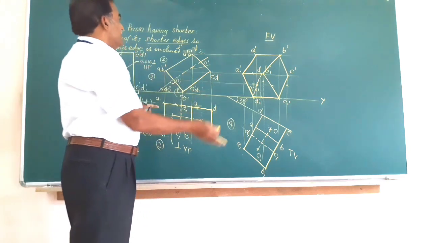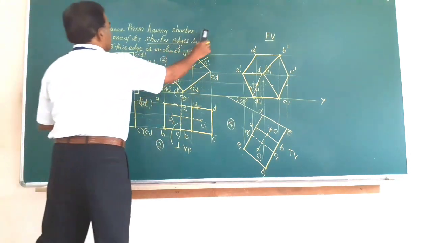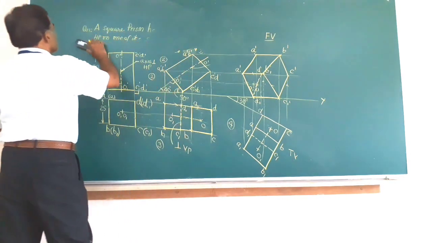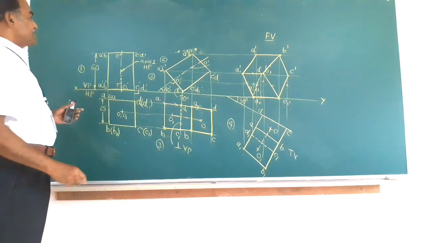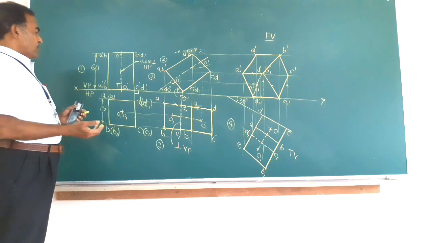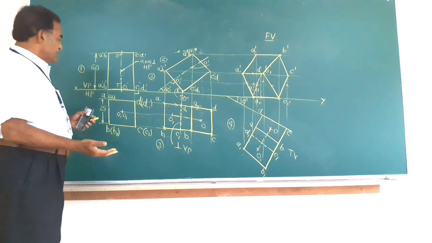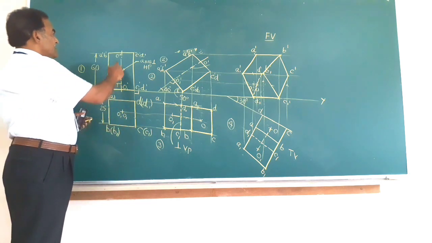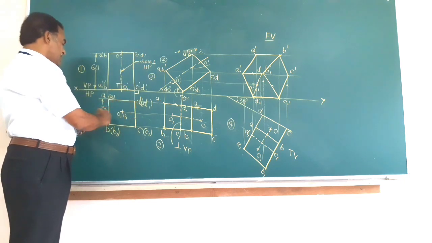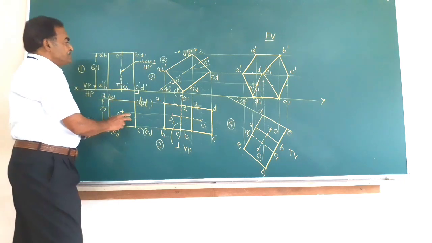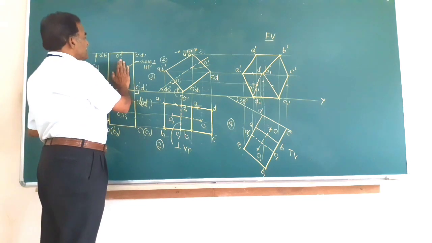Finally, let me have a revision of the whole thing. Friends, we had a problem where the object was resting on one of the square faces. The axis was perpendicular here. I got the top view, a square of 25 mm side. In this, the axis is perpendicular.